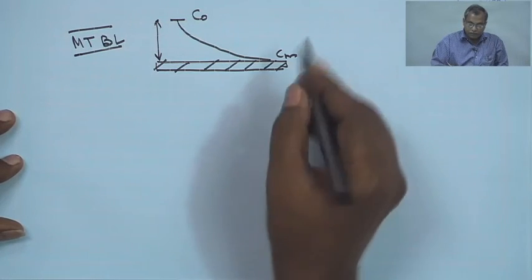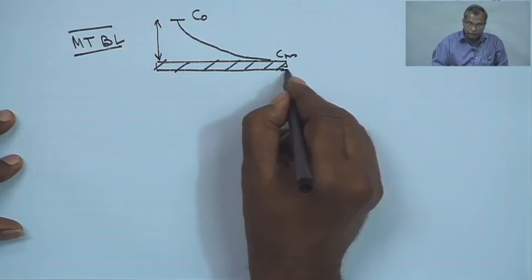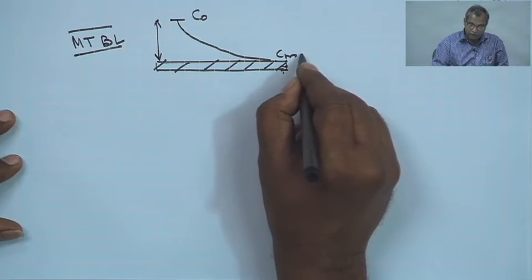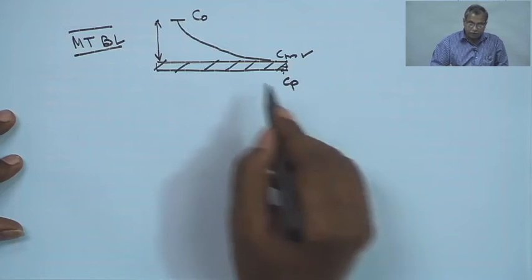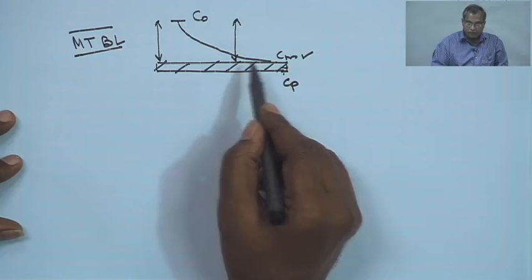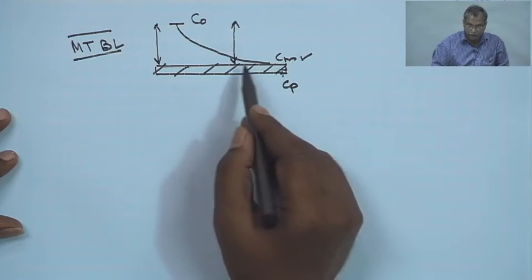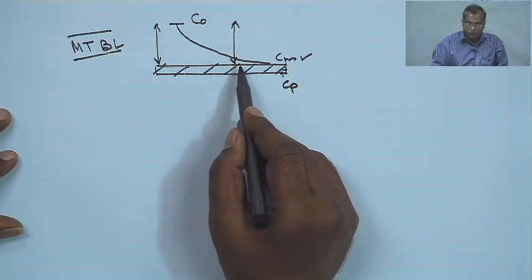Therefore, until now we have formulated the transport laws across the membrane from C_m and C_p in the permeate side, but we have not considered this film of mass transfer boundary layer to formulate our transport laws of the solute and the solvent.